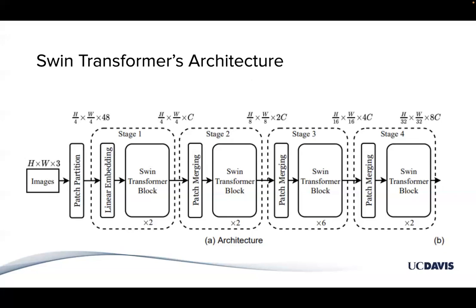The linear layer following it will change the channel size from 4C to 2C. This process acts as downsampling, so the width and height of the feature map also get reduced by 2. After patch merging, the Swin Transformer block is applied.